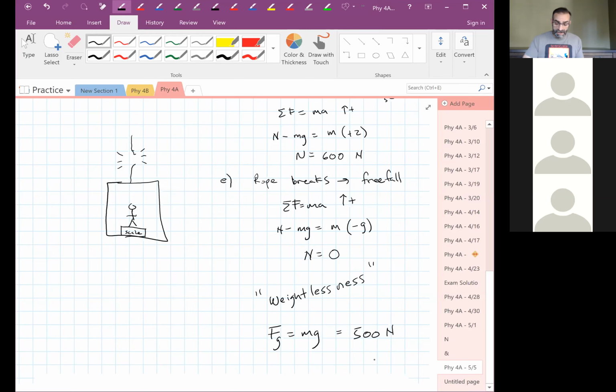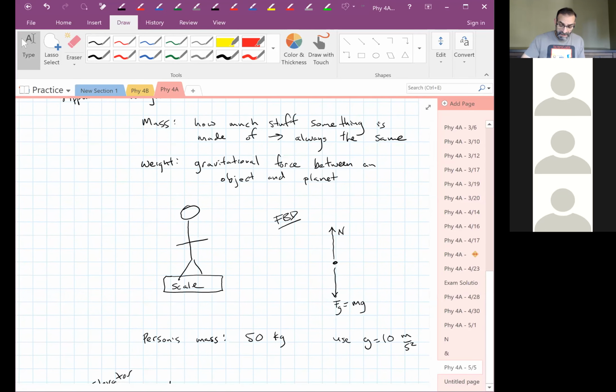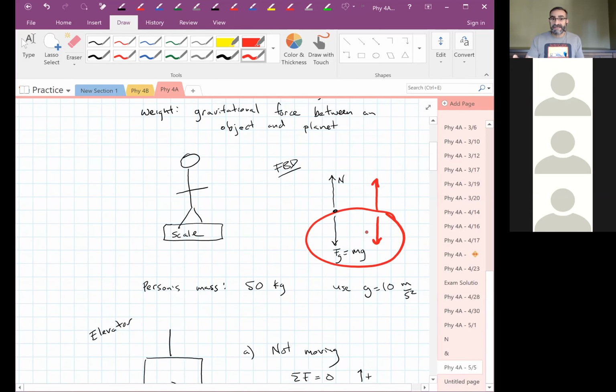So let's take another look at our free body diagram for a second. Normally the two forces are the same and the person doesn't accelerate. They don't move up or down if they're standing on a scale in their bathroom. But if you take that scale into the elevator and you want to accelerate upward, what has to happen? One of these forces has to be bigger than the other, or there's not going to be any acceleration. Is the force of gravity magically going to change?